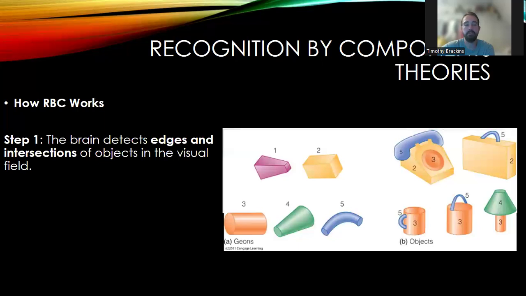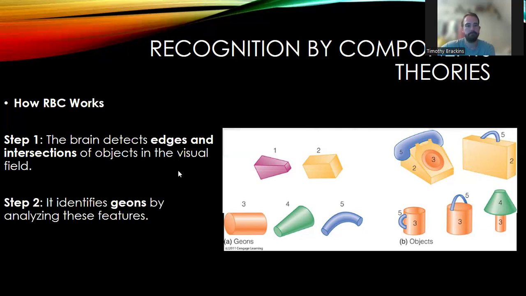So how is this specifically working? Step 1 is our brains detecting edges and intersections of objects. So that's the first part. We're not doing the geons first. We're looking for edges and intersections, where objects are actually combining. So with our briefcase here, we would first look at the outline. We'd look at where different parts are connecting to each other, distinguishing the separate geons from each other.